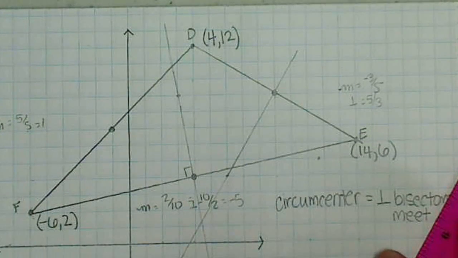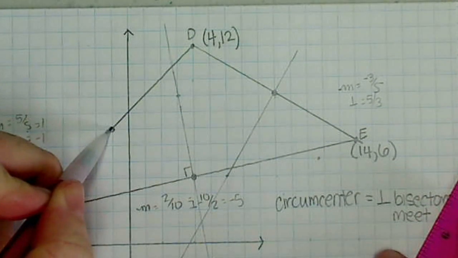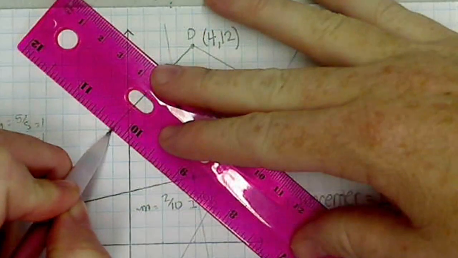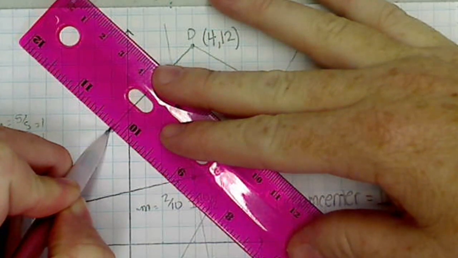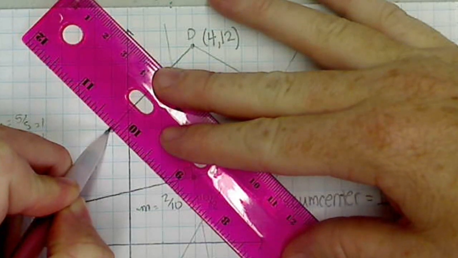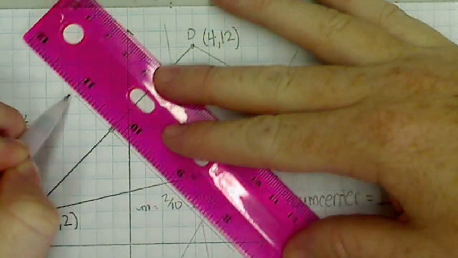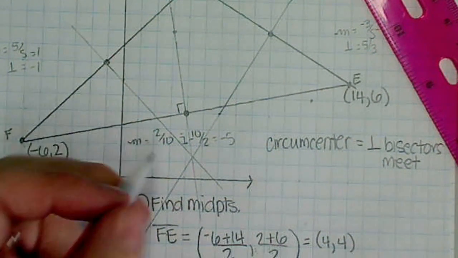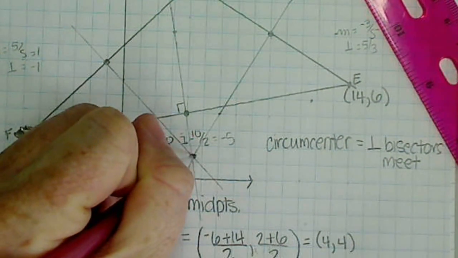My slope is 1. So the perpendicular slope is negative 1. So negative 1, positive 1 right here. Let's use our ruler. Line them up. Okay, I should see them all meet right here at this point.